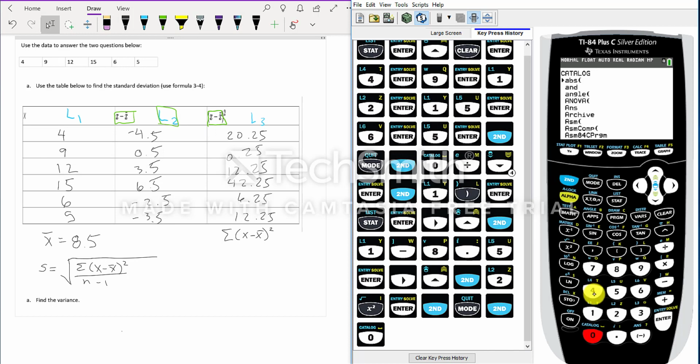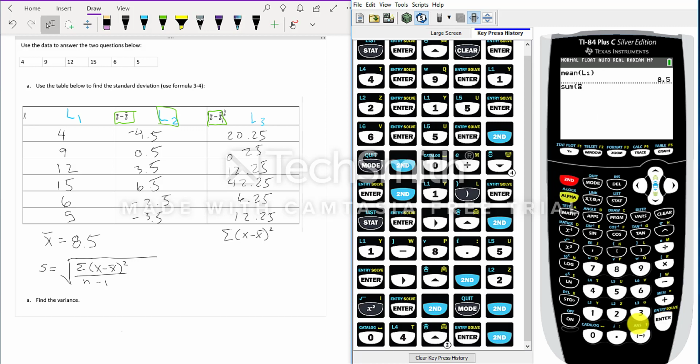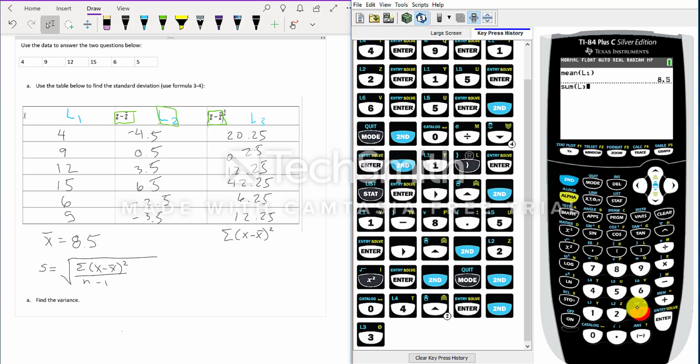The fastest way is to go to the T and go up to the sum, not the summation, but the sum, and press Enter. We're taking the sum of the L3 column, so go to Second and the 3 to bring up the L3, close the parentheses, hit Enter, and that gives us back 93.5.